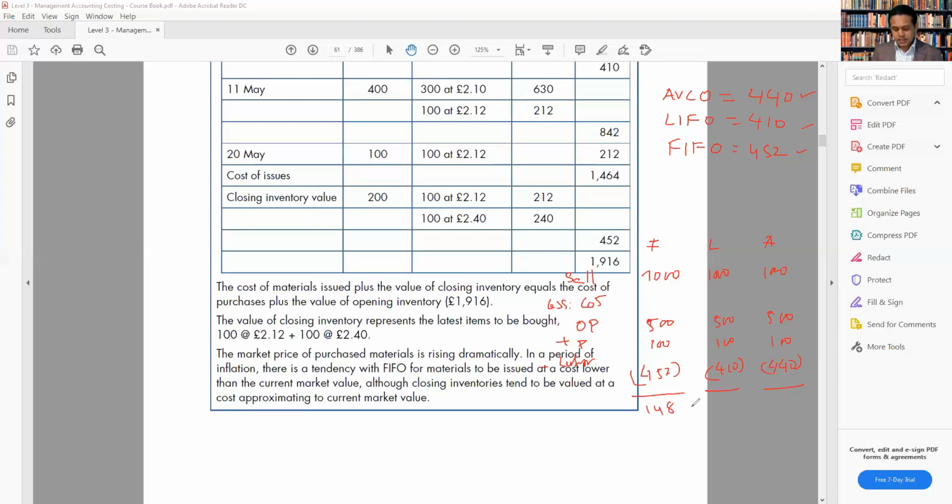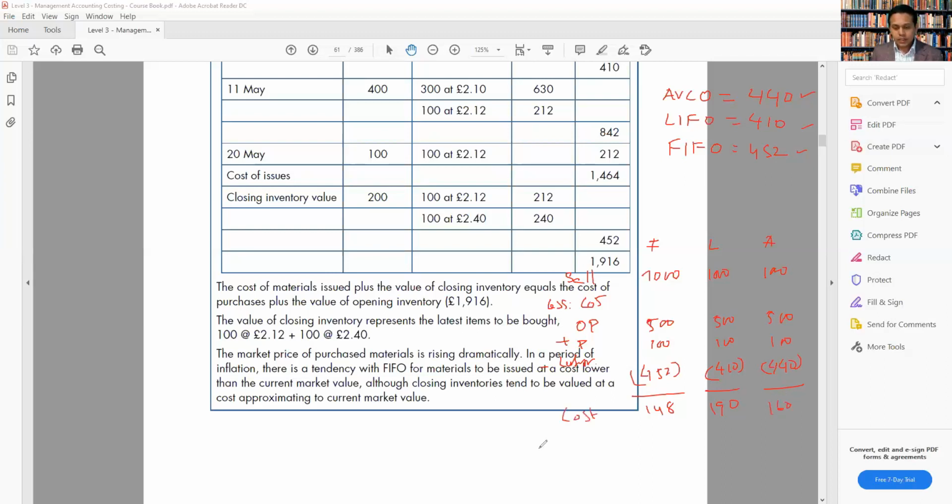The next one, 600 minus 410, gives me cost of sales 190. The last one is 600 minus 440, which gives me 160 cost of sales.